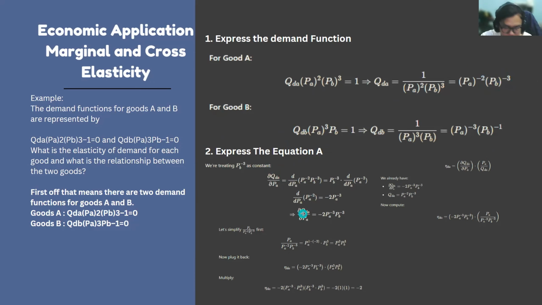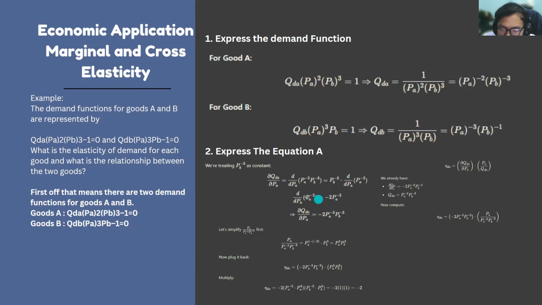Partial QDA per partial PA equals d per dPA in parentheses PA power minus 2, PB power minus 3, equals PB minus 3 times d per dPA in parentheses PA power minus 2. d per dPA in parentheses PA power minus 2 equals minus 2 PA power minus 3.